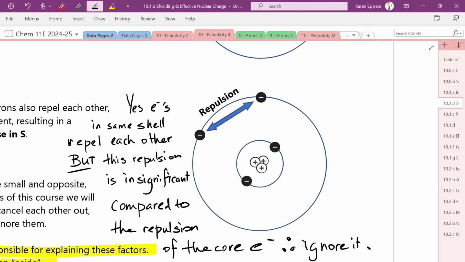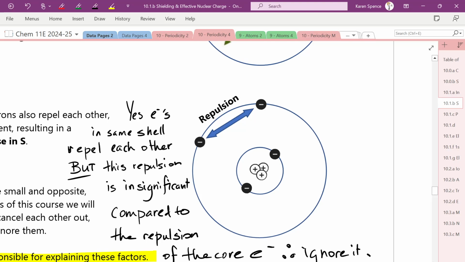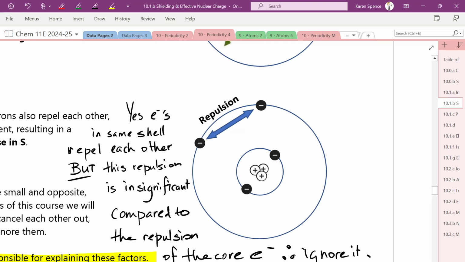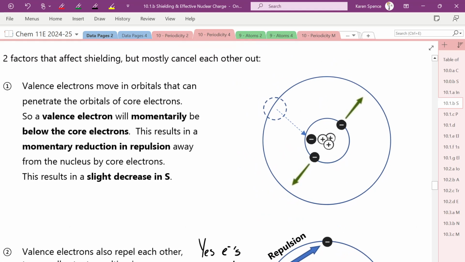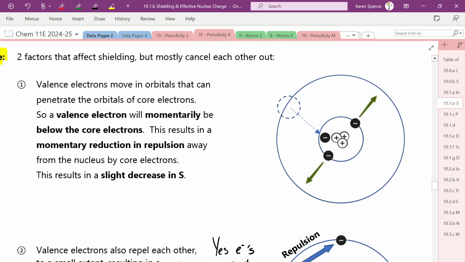Now, there is another factor that actually, even better than just saying this is really small, let's ignore it. There is an opposing force as well that this causes a little bit of repulsion. This other factor causes a little bit of attraction, and they essentially cancel each other out. So this other factor, which you definitely do not need to be able to explain, but does have to do with nuclear penetration.